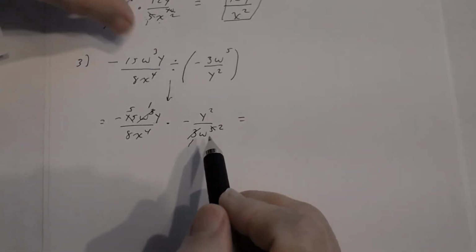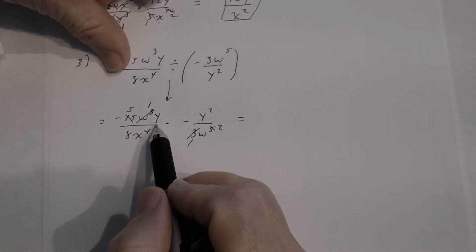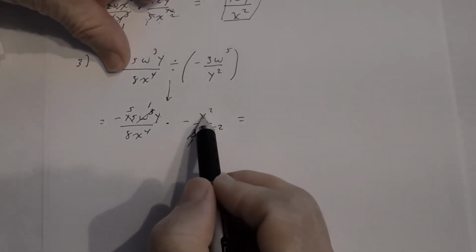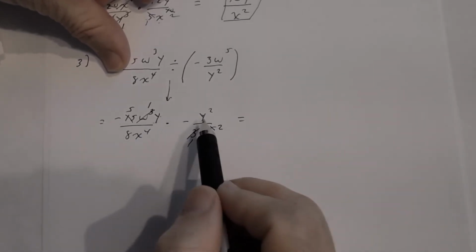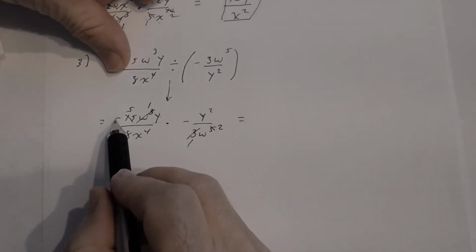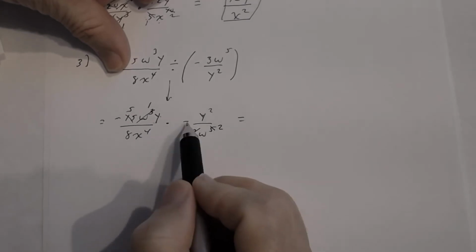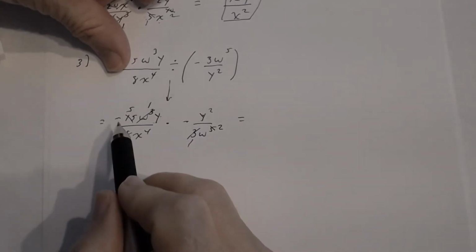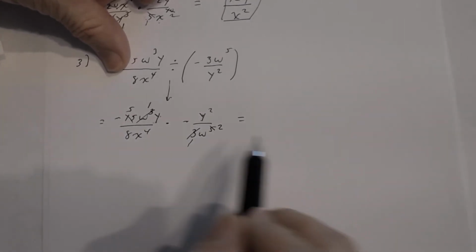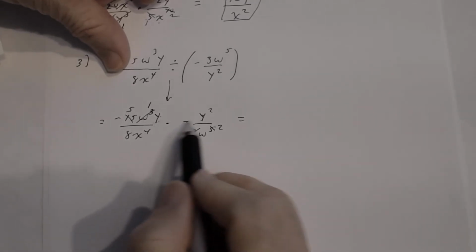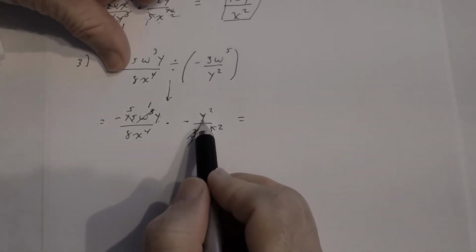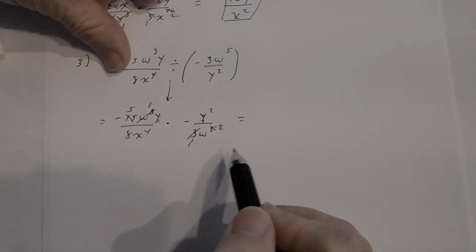Now remember, you have to use something from a previous course: when you multiply like bases, you add exponents. So you are multiplying like bases here. Keep that in mind. I have a negative 5 times 1 times y times a negative y squared. First of all, a negative times a negative is a positive, so we've taken care of the sign. W times w squared is w cubed... sorry, y times y squared is y cubed.